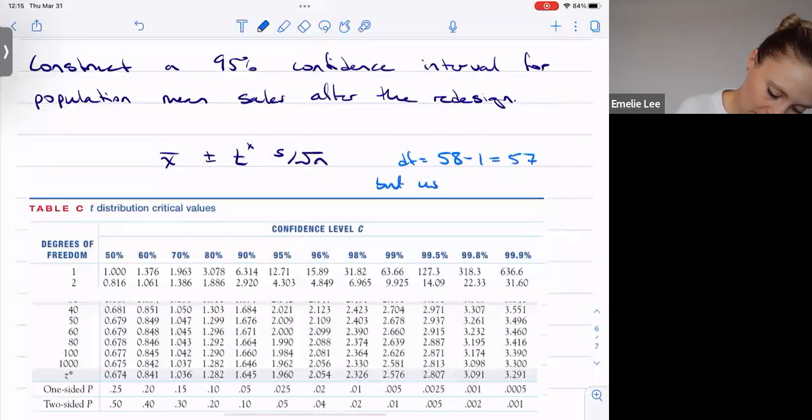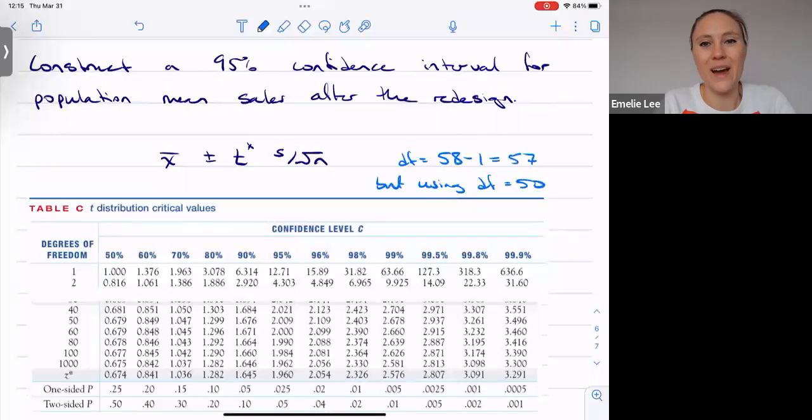But using degrees of freedom equal to 50. Now, if this is part of the same question, just another part, you've already shown how to find the degrees of freedom, so you can ignore it. But let's pretend that we're covering all our bases here.